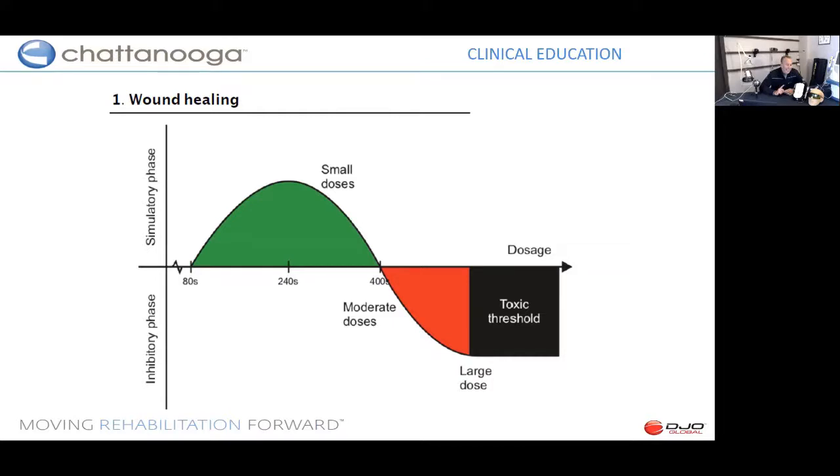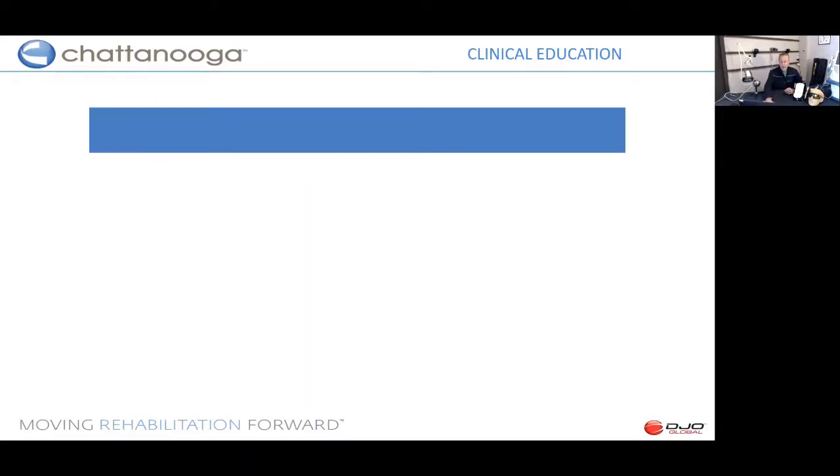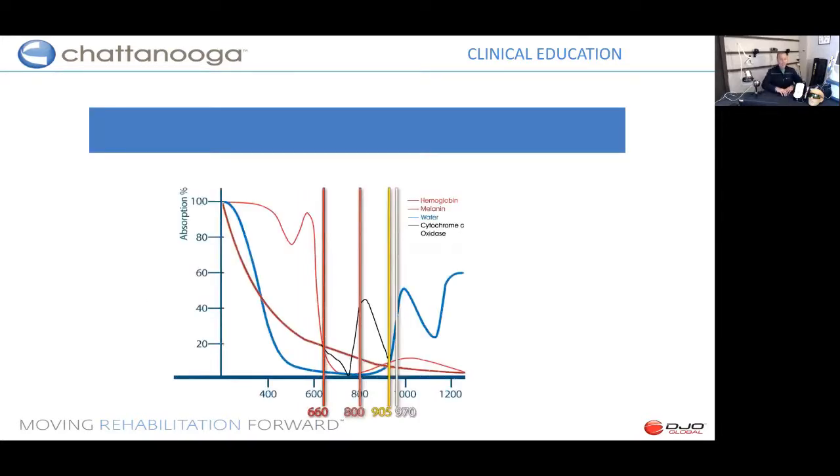Usually it's detrimental in the sense that it can slow down, especially during the fibroblastic activity stage. What's interesting is when we dose healthy tissue, there's really no negative side effect, which is interesting. In fact, normal healthy tissue does a better job at absorbing light than unhealthy tissue. Well, it kind of makes sense, because metabolically it's more active, and it's just overall a little bit more functional.